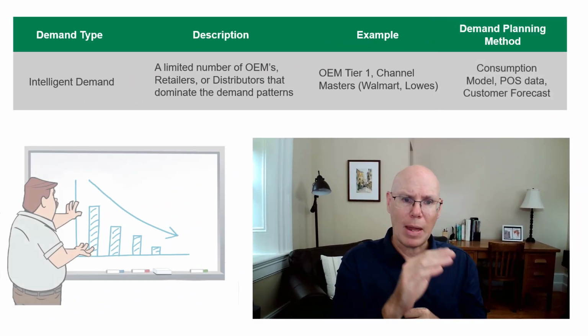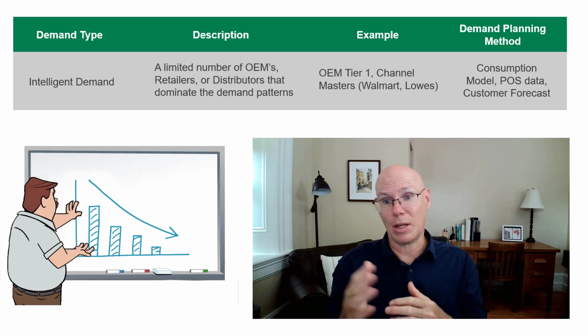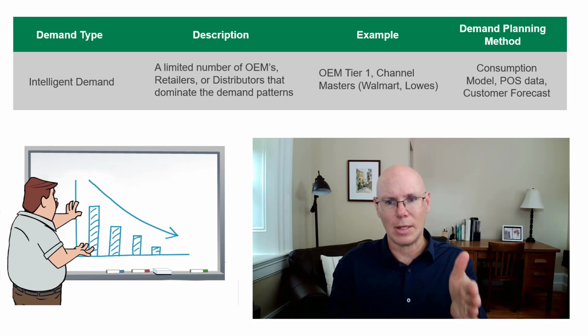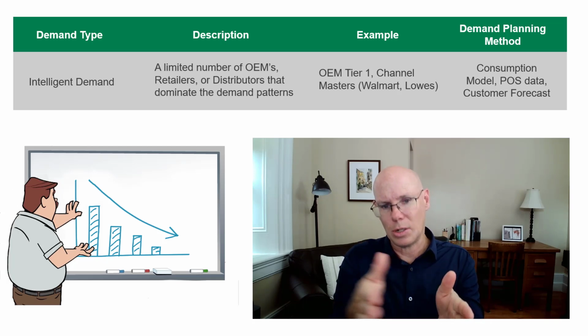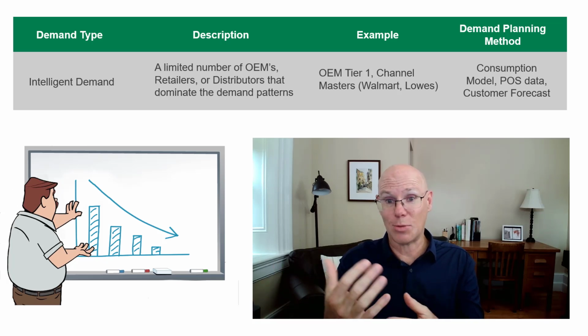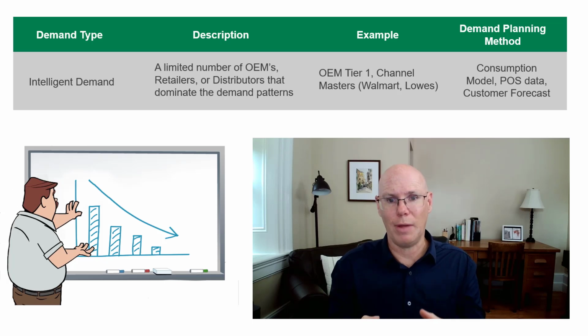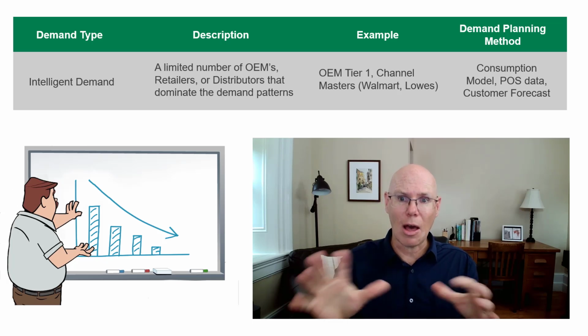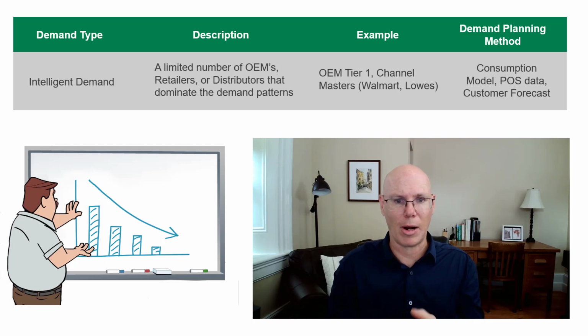Here, we can use a demand planning method like the consumption model, where we have access to the sales in to the retailer and the sales out using POS data, as well as access to what their inventory planning is. And this allows us to calculate the demand we expect from our customer.